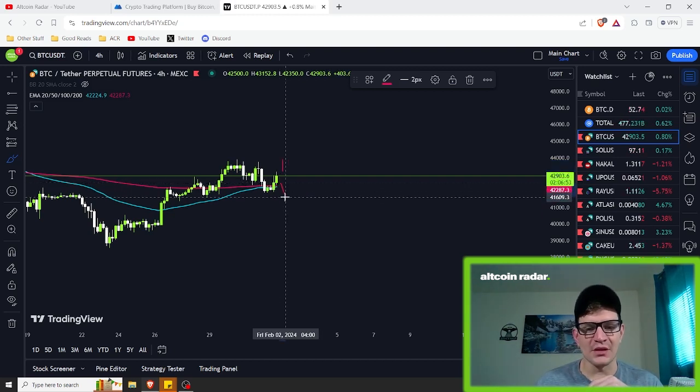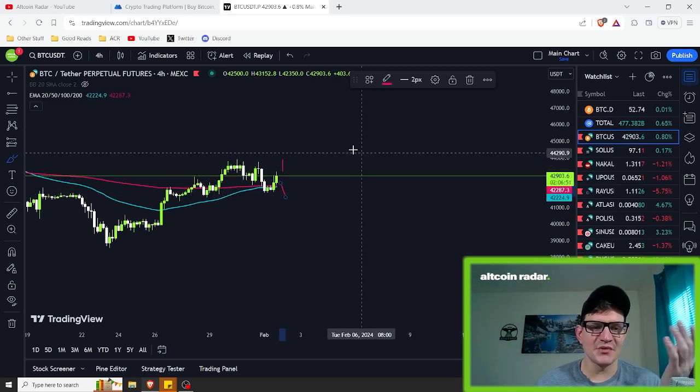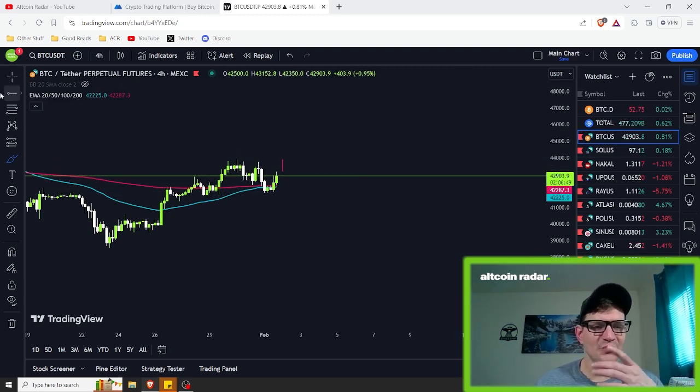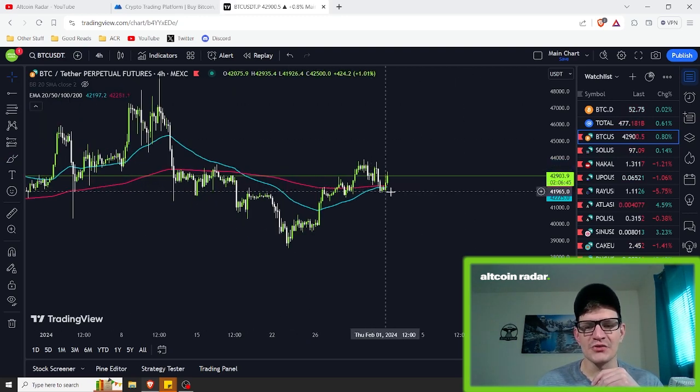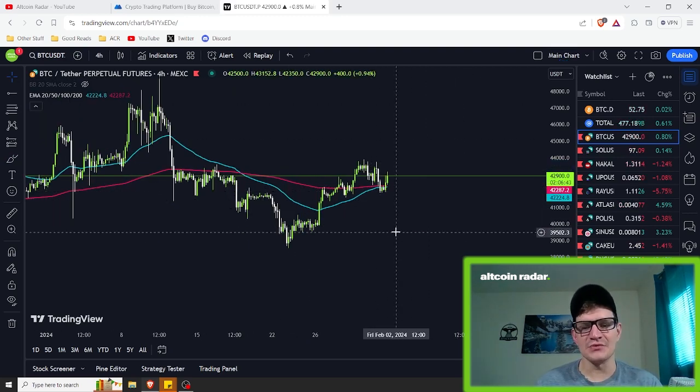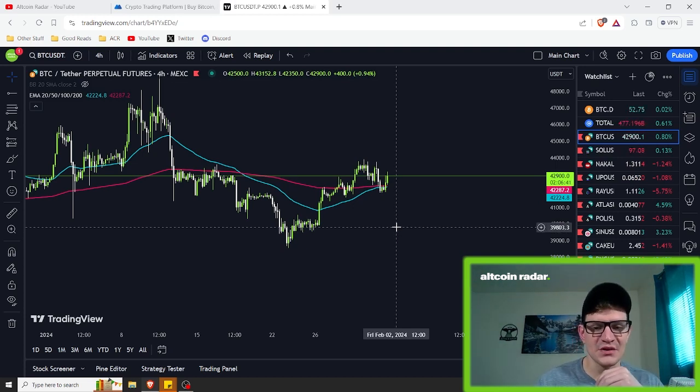If we end up dropping below it, that pretty much signals that we've broken through support and we're headed lower, okay? So that is overall how you can use the EMA indicator as support and resistance levels.